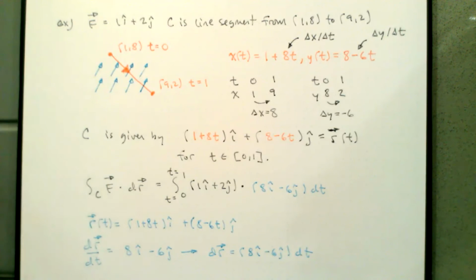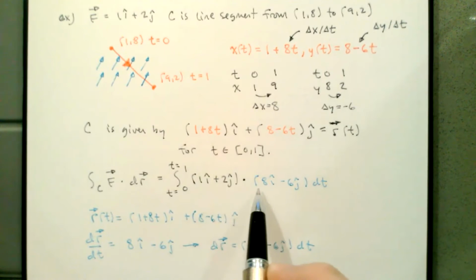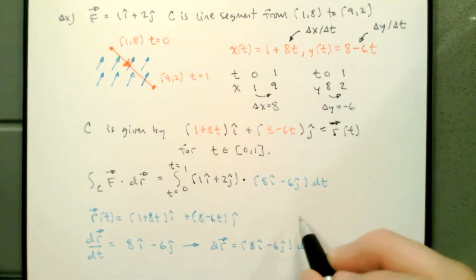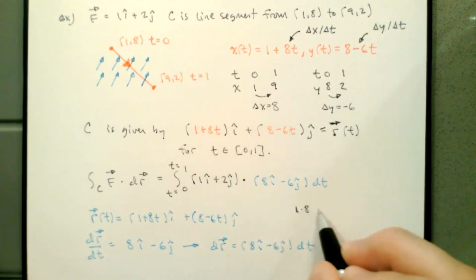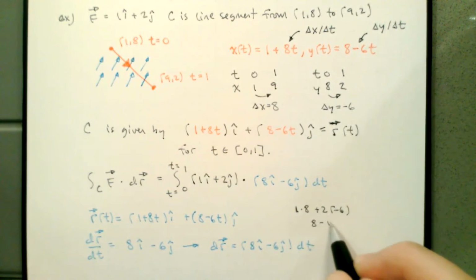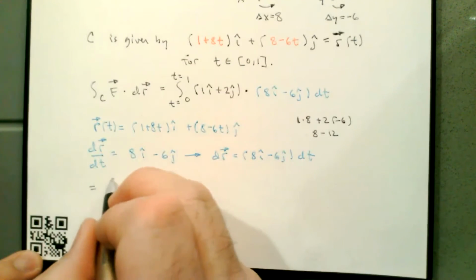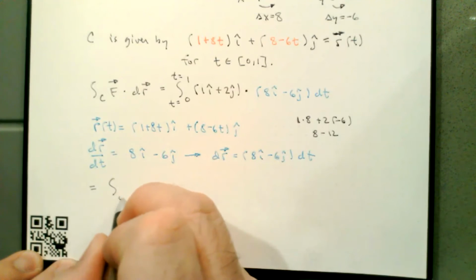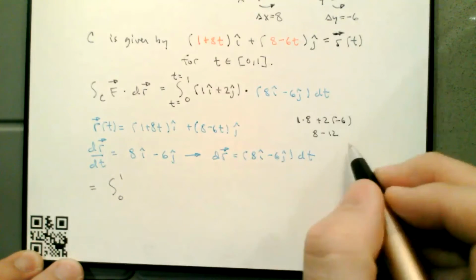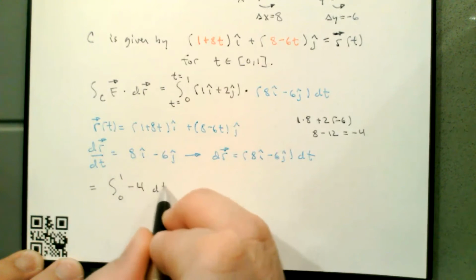Now we just have to calculate this dot product, which happens to be a nice constant. So we'll get the dot product of 1i plus 2j times 8i minus 6j, which is 1 times 8 plus 2 times negative 6. So it's going to be 8 minus 12. So our line integral goes all the way down to the integral from 0 to 1 of just -4 dt.